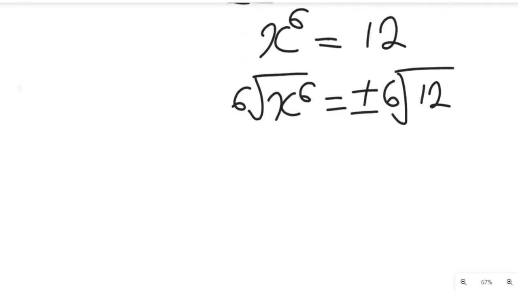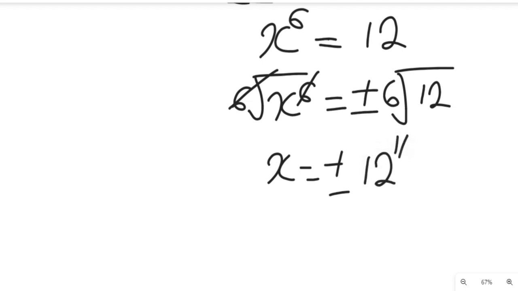So if we take that, this will clear this, and then we'll have our x to be equal to plus or minus 12 to the power of 1 divided by 6. So this will be the solution to that exponential equation.